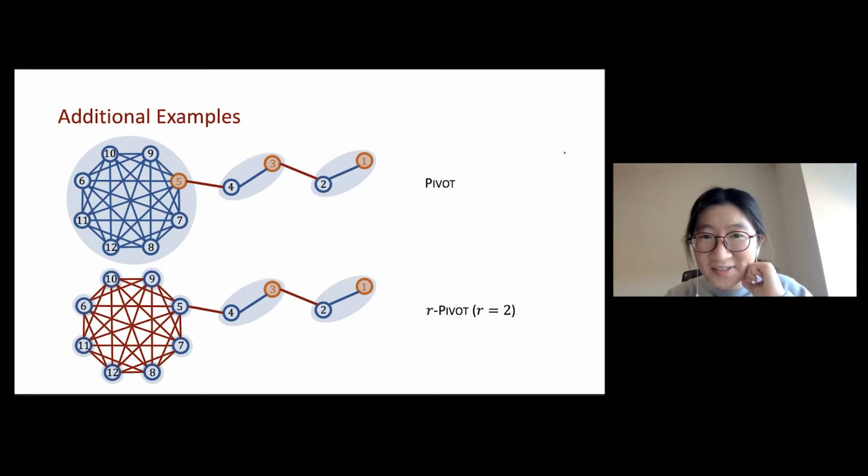In the densest subgraph problem, the goal is to find one densest subgraph.